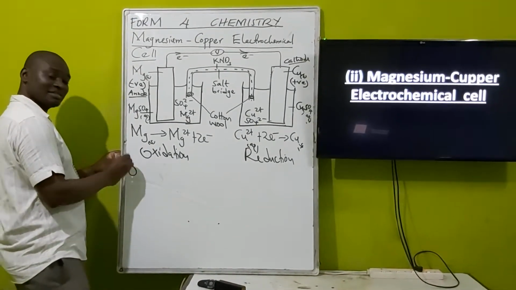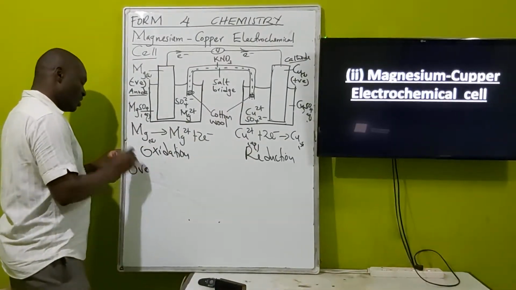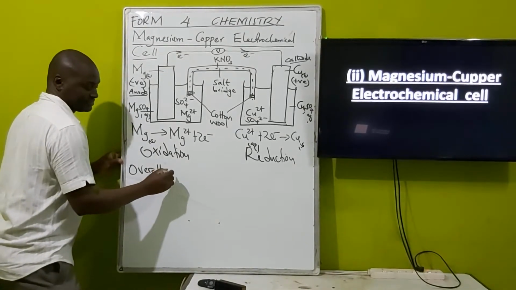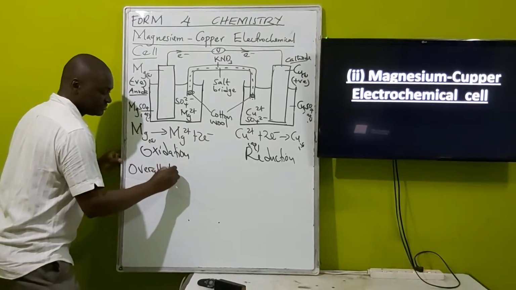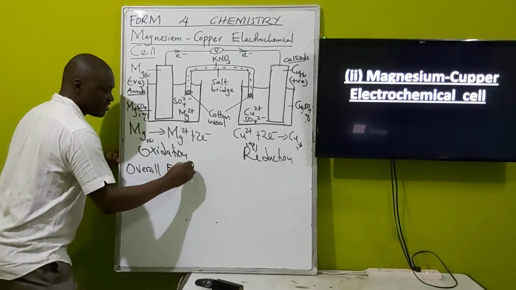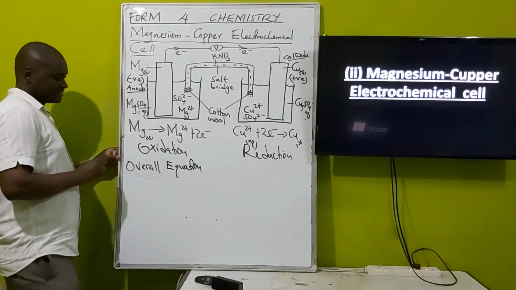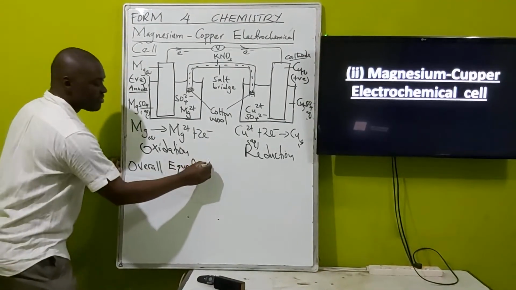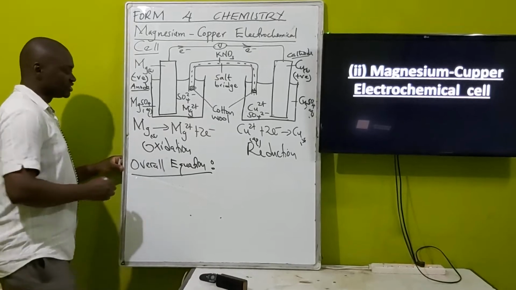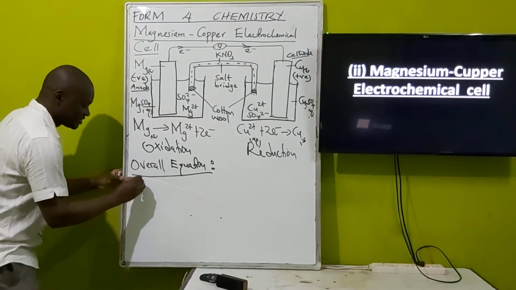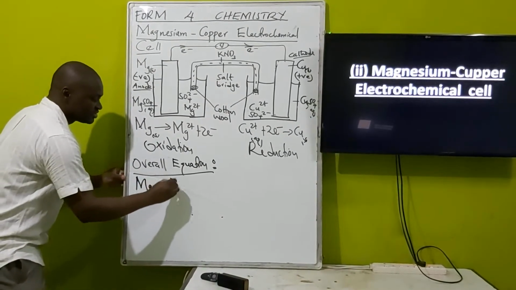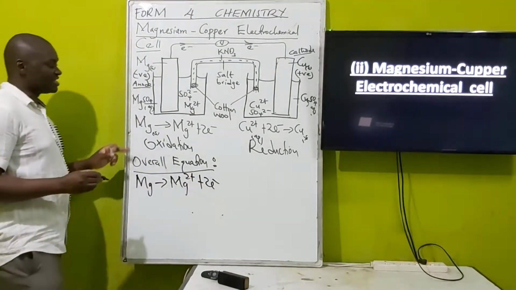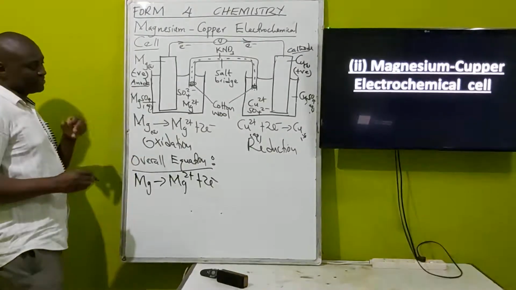If we are asked to write the overall equation, then what we are going to do is that we will combine the two equations. We take magnesium to form magnesium 2, which is the oxidation equation.